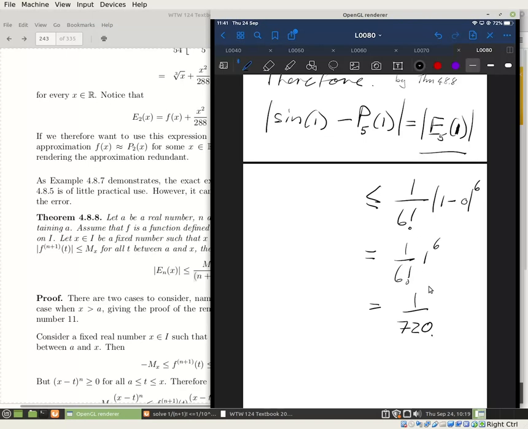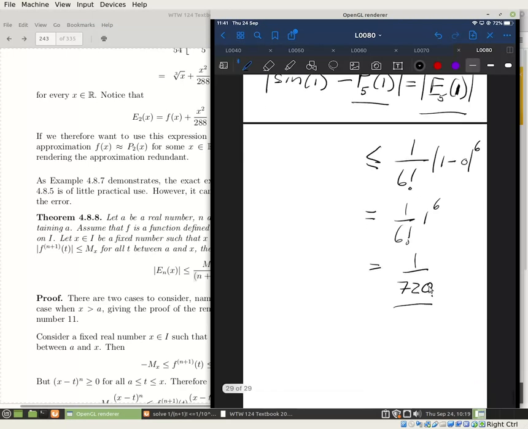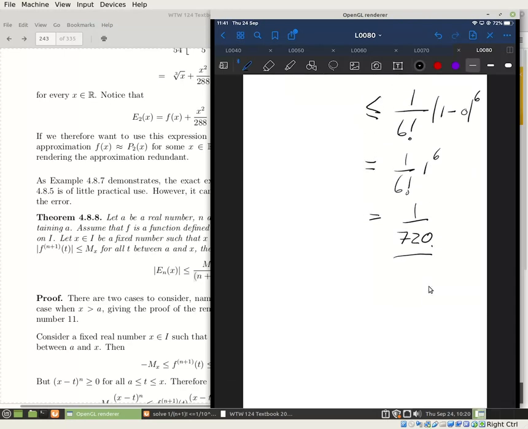Okay, so we know that our approximation is at least within a 720th.